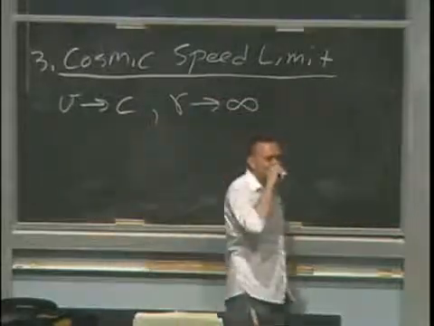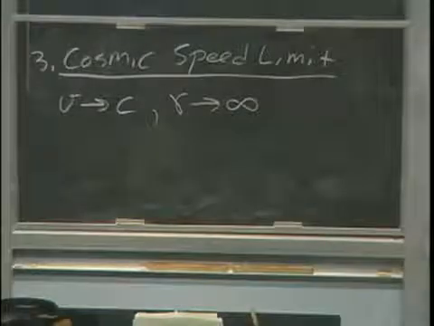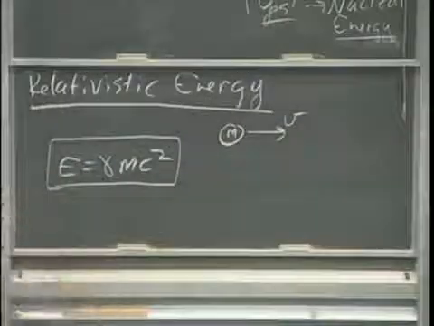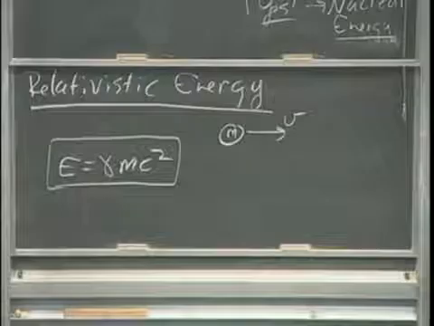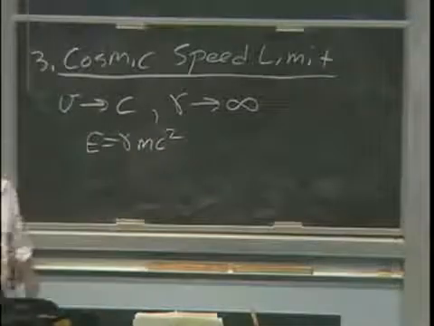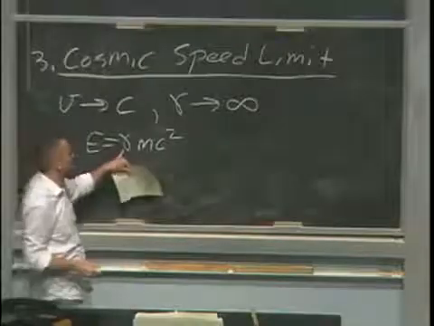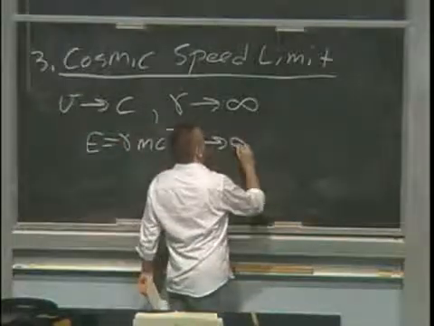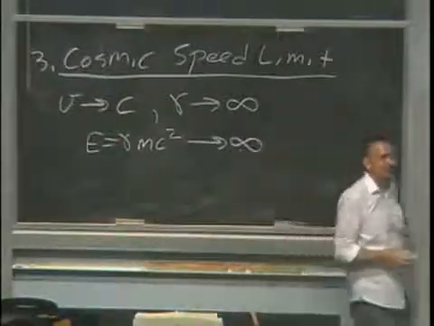goes to infinity. And if you look over here at the energy, which is equal to gamma times mc squared, if you're getting that particle moving towards the speed of light, gamma goes to infinity. That means the energy goes to infinity as well.